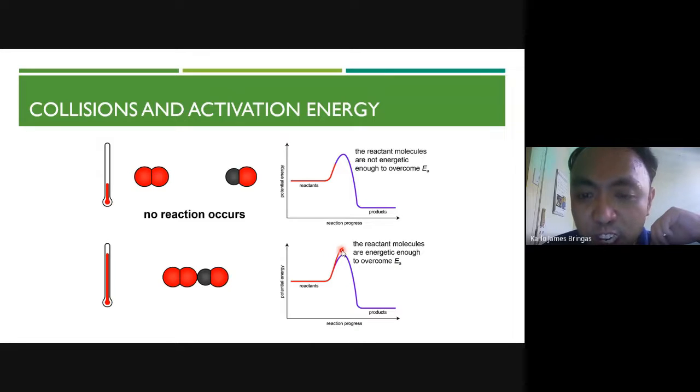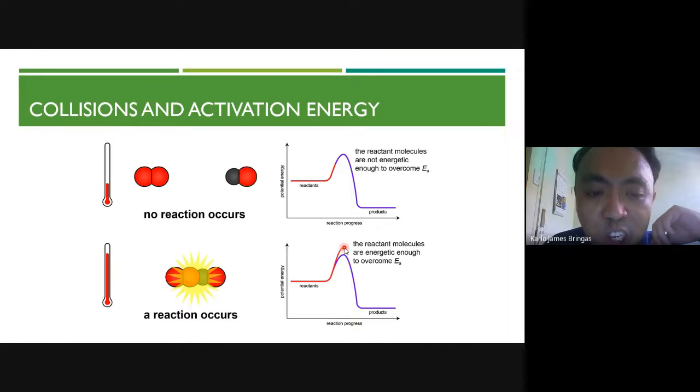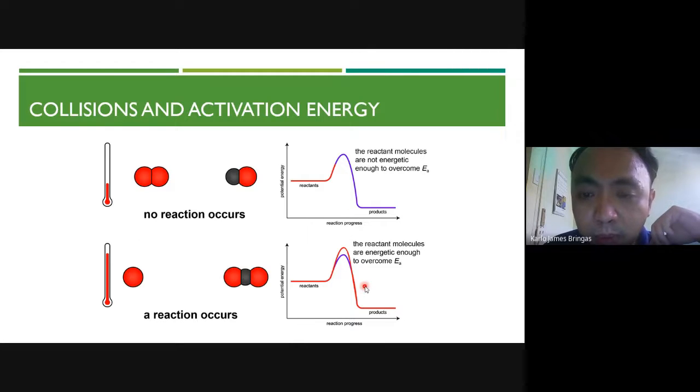Actually, medyo exaggerated itong ating diagram. So lumampas na siya ng sobra-sobra from the activation energy. So it has enough energy to overcome the hill. And as a result, a reaction is occurring. And we now form our CO2 pa rin and the O as our other products.